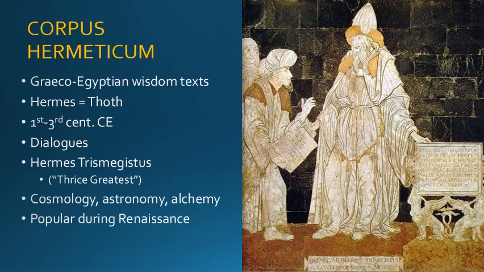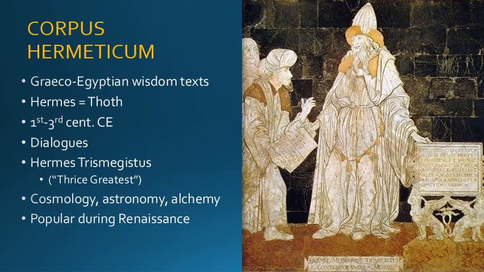So thrice greatest simply means the greatest of the greatest. And these texts are really a kind of blending of ancient Platonism and Pythagorean ideas, as well as a kind of philosophical monotheism.